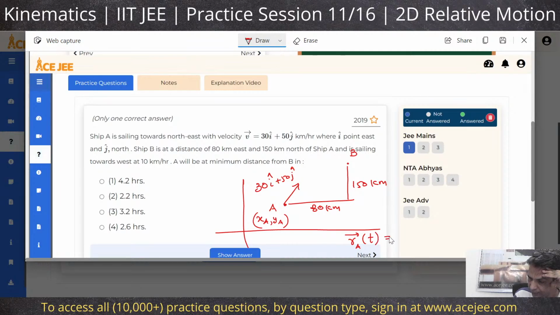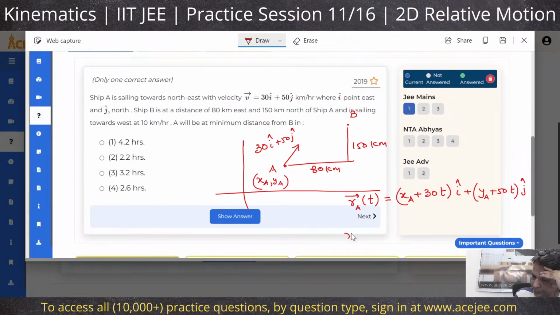That will be xa plus 30t. As far as the y coordinates, ya plus 50t. Is that right? Ruchika, Chavi? Yes, sir.